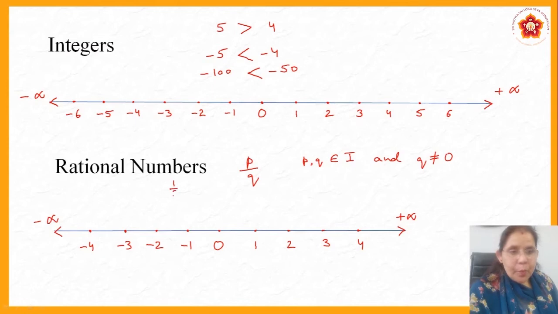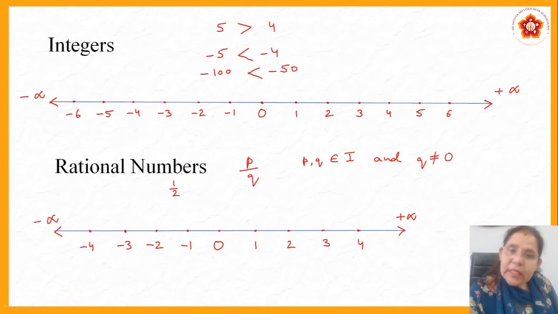Now if I have to plot 1 upon 2, where will it come? First of all, 1 upon 2 is a rational number because it is written in the form P upon Q. P and Q are integers and the denominator is not 0. Now 1 upon 2. The first thing that should come to your mind is, between which two integers does 1 upon 2 lie?